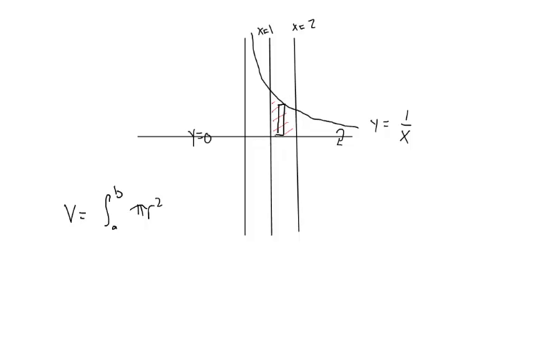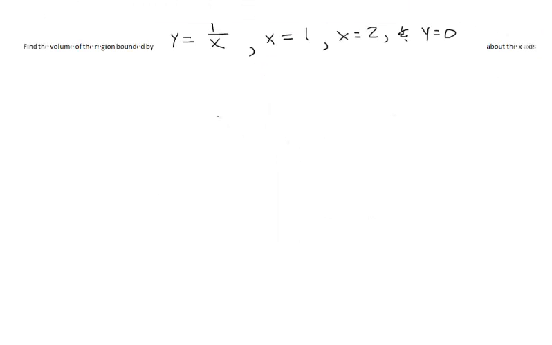And then we're integrating from 1 to 2. So we're going to have volume is equal to the integral from 1 to 2, and I'm going to put my pi out front and multiply it last, and then I have 1 over x all squared dx.